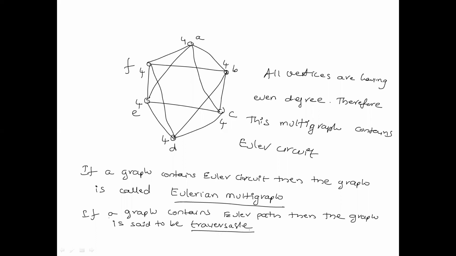So this terminology is important. If it contains Euler path, then we say that multigraph is traversable. If it contains Euler circuit, then we can call that a Eulerian multigraph. So this is all about Euler circuit and Euler path.